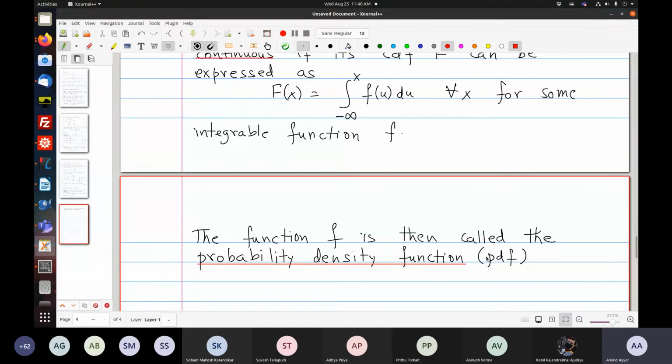This is the reason I don't want to call the CDF a probability distribution function, but rather a cumulative distribution function of X.